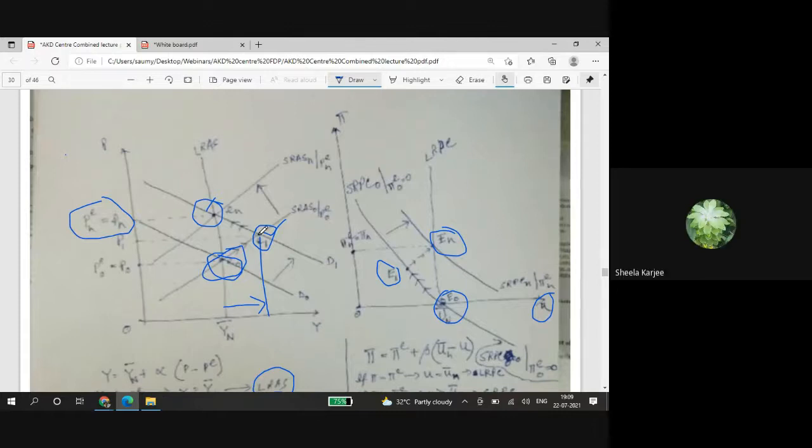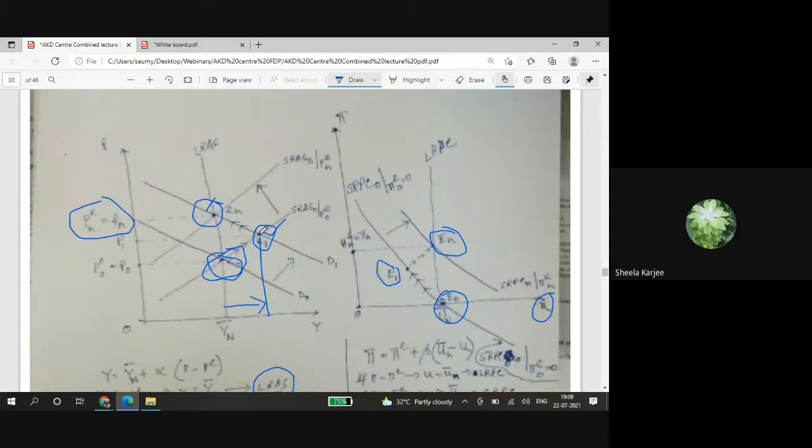Okay, sir. Like in the later part, you have told that once the laborers, with the help of the trade unions, are updated with the information that prices have increased, and that's why wages need to be increased further.